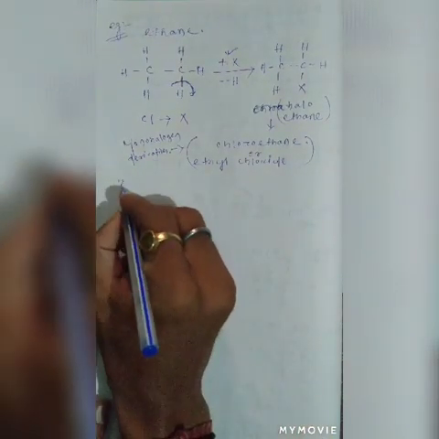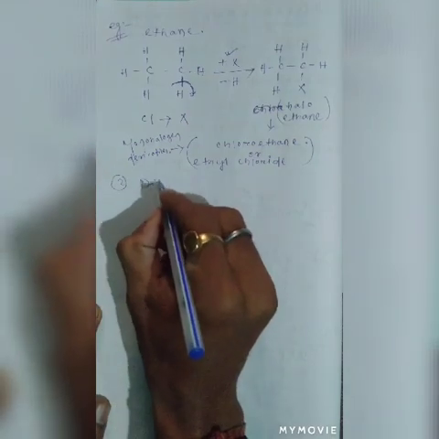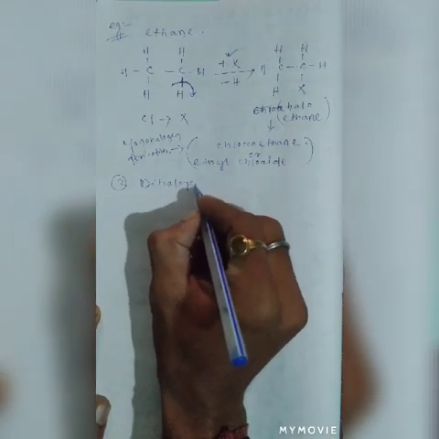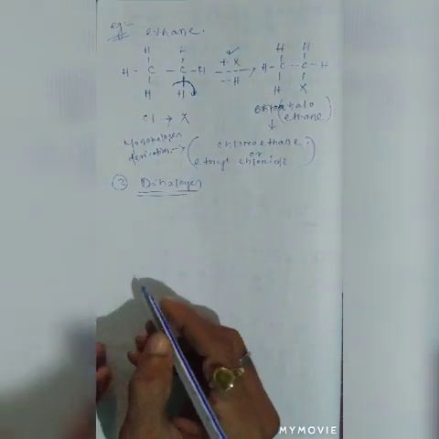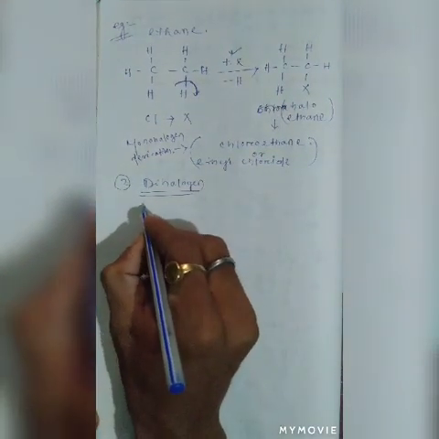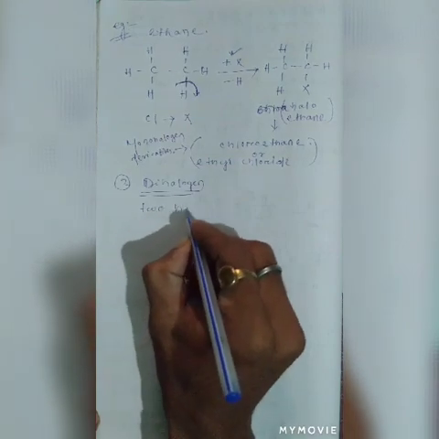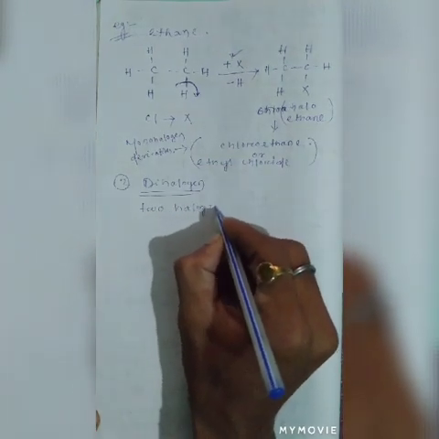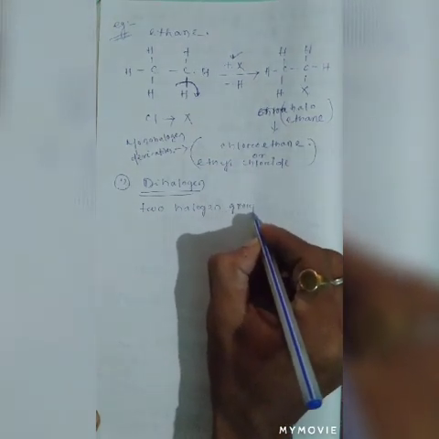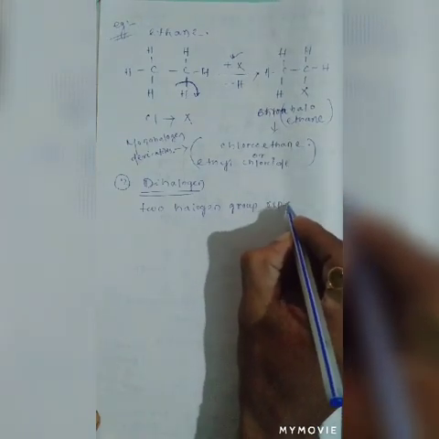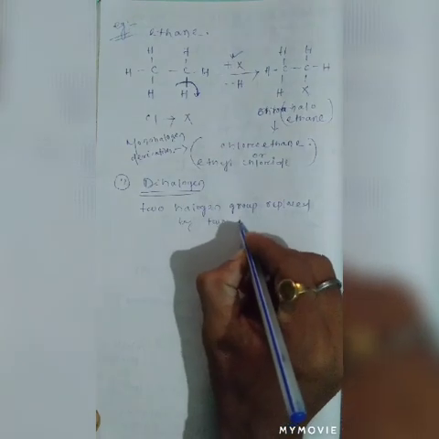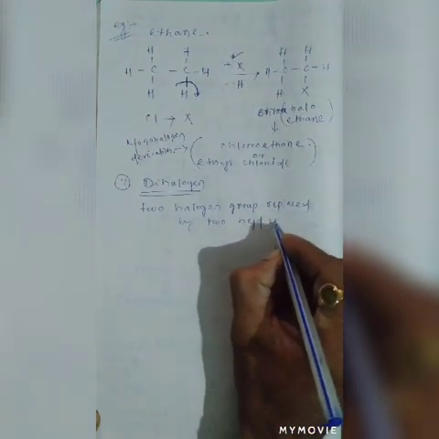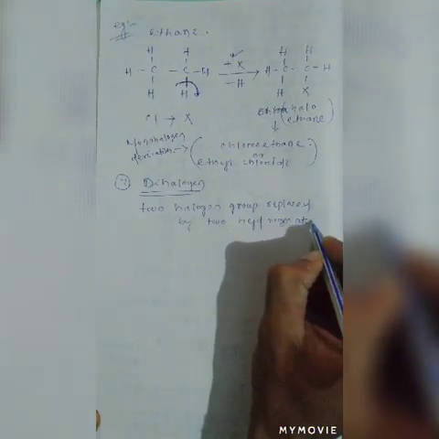Now we see dihalogen derivatives. What is a dihalogen derivative? Now if we take two halogen groups replacing two hydrogen atoms, then a dihalogen derivative is formed.